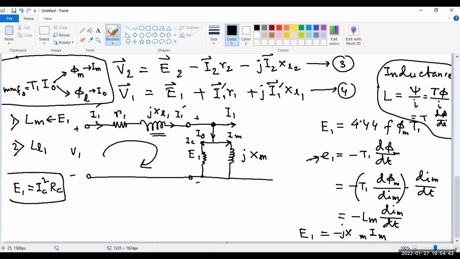These are all fictitious resistance and fictitious current. Remember, I am just assuming this. You cannot measure IC directly, you cannot measure RC directly. It's not just a normal resistance or current. It is as if there is a resistance RC through which a current IC is flowing.